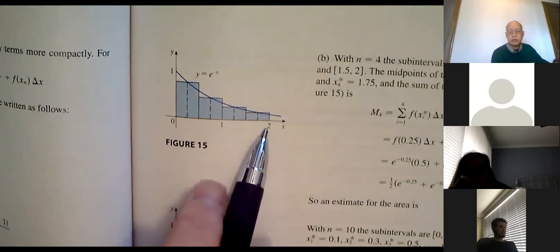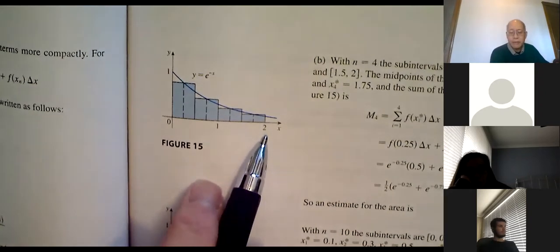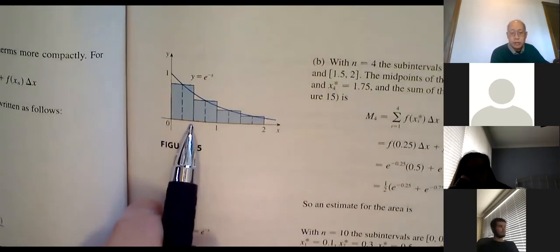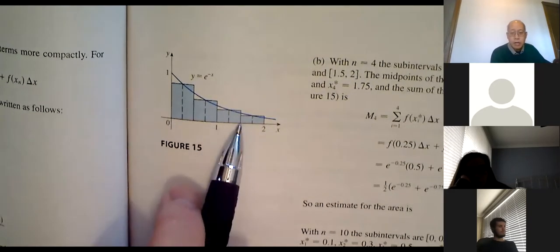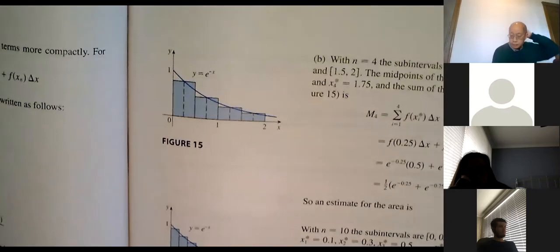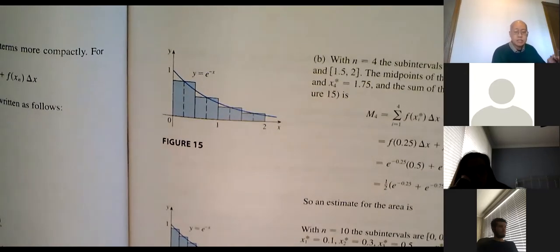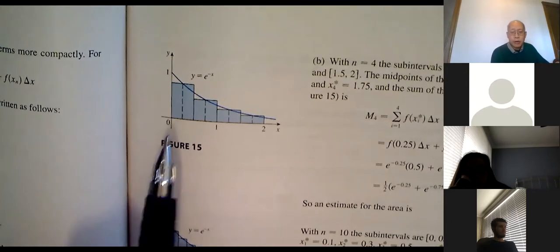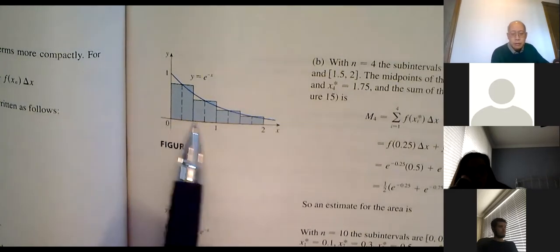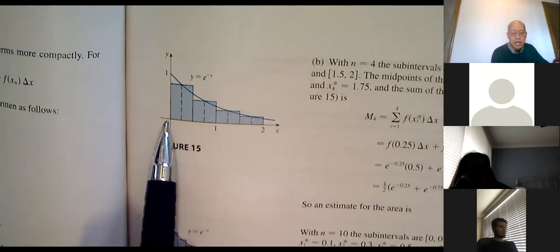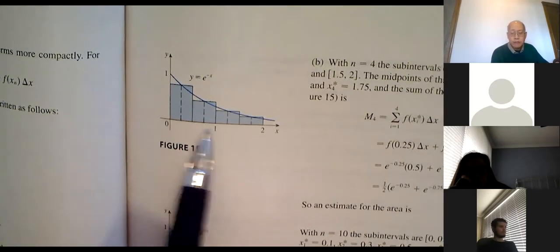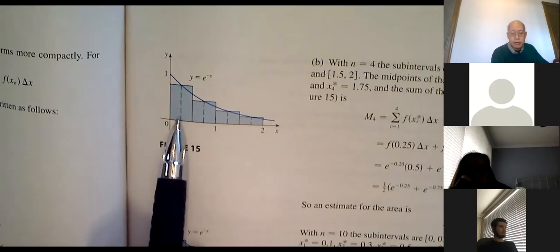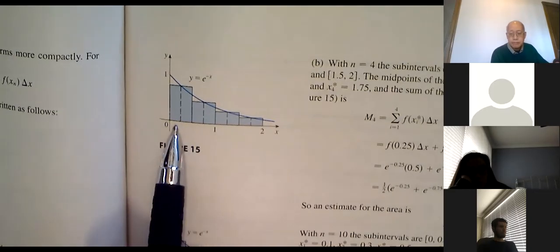So if I'm going from 0 to 2, 2 divided by 4 is 1/2. So that's 0.5, 1, 1.5, 2. Okay. We've discussed left endpoints and right endpoints. Look at what's happening here. It looks like they're not taking the left endpoint or the right endpoint for each rectangle. They're picking the midpoint.